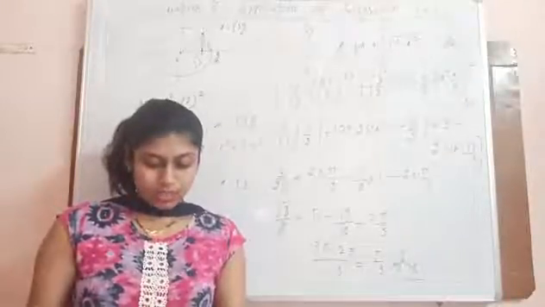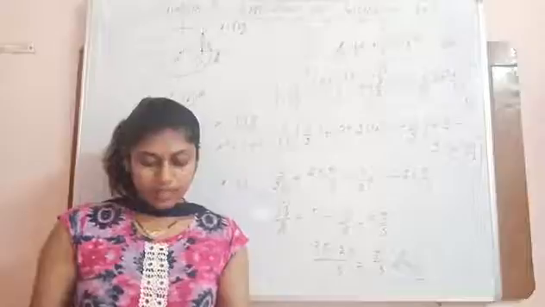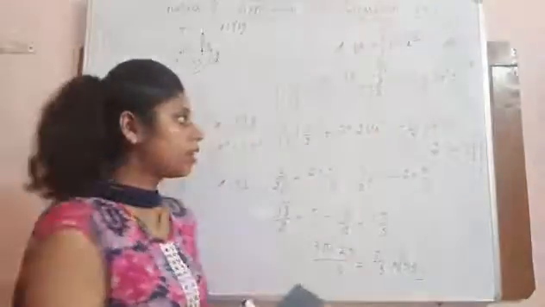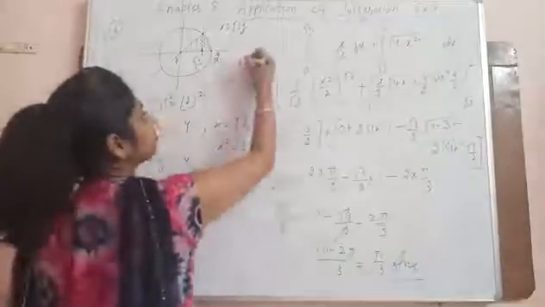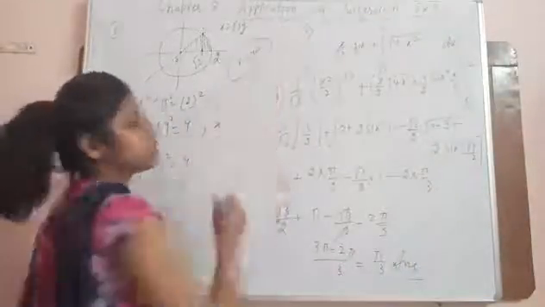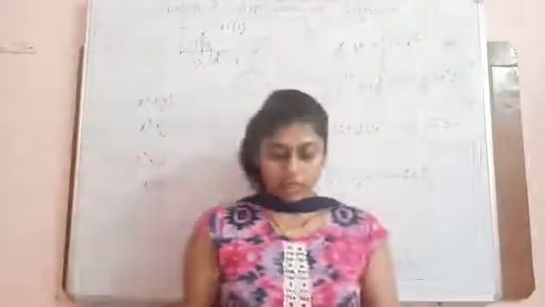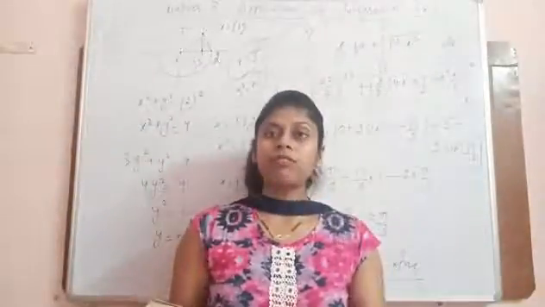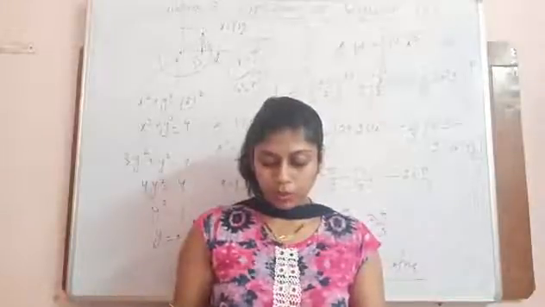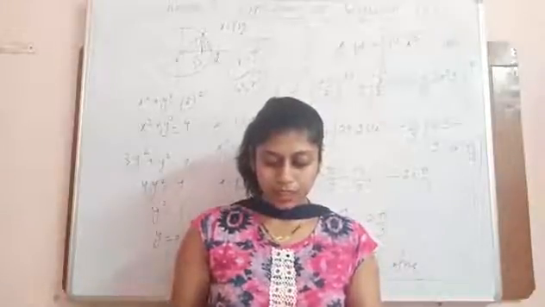Next, question number 8. Area between x equals y square, y square equals x. This is the curve of a parabola. The area is divided into two equal parts by the line x equals a, where x equals 4.